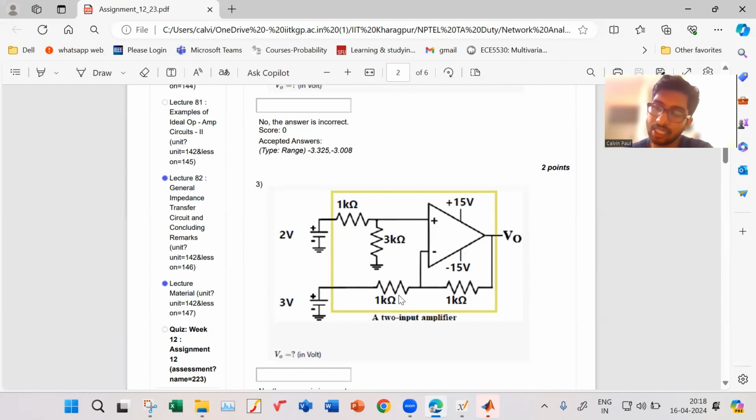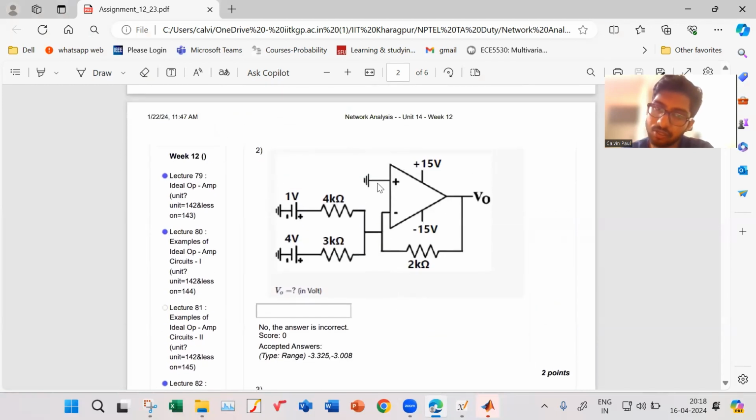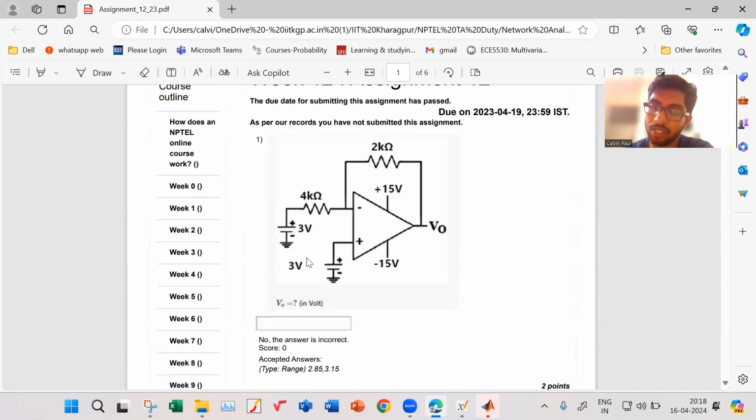Then at the V minus node, I applied KCL and got the answer. So it is two steps: first find V plus, then do KCL at V minus, and you get the answer. Even over here, it's the same.